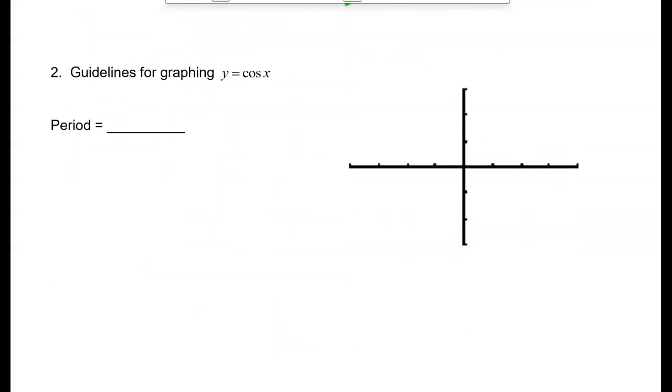Okay, what's the rules for cosine? Guess what? Guess how many points you still need? You still need 5 points. You're still going to start at a period of 2 pi. Okay, so we're going to put here 0. We're going to have 2 pi. I'm going to put pi here, 1, -1, when we're working with it.